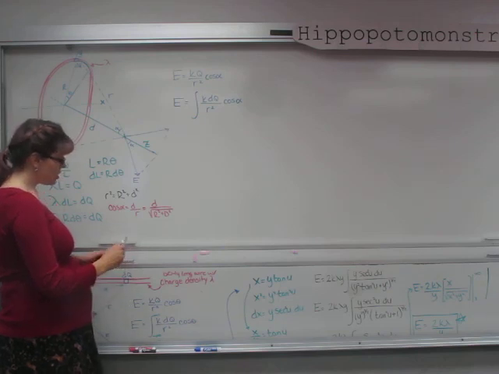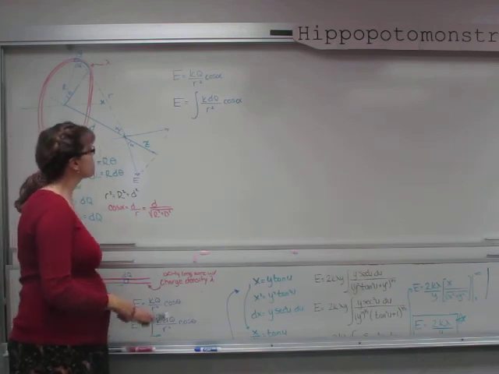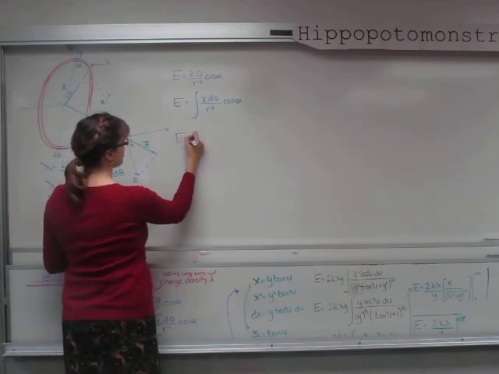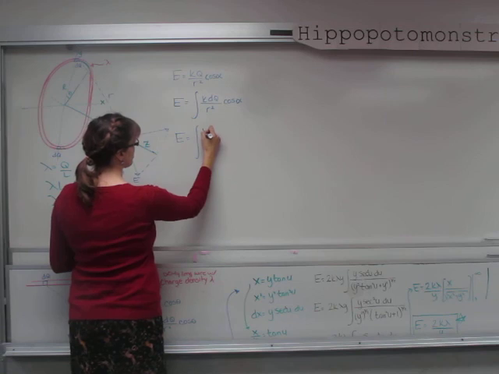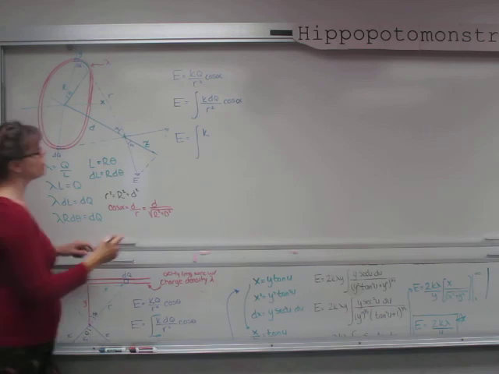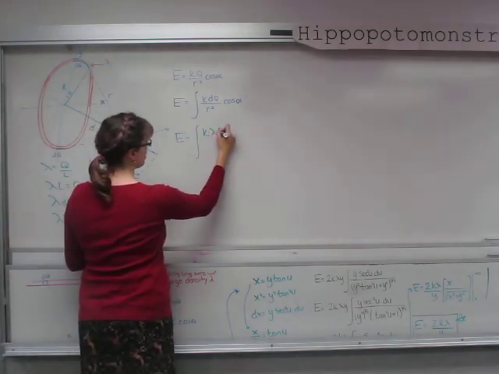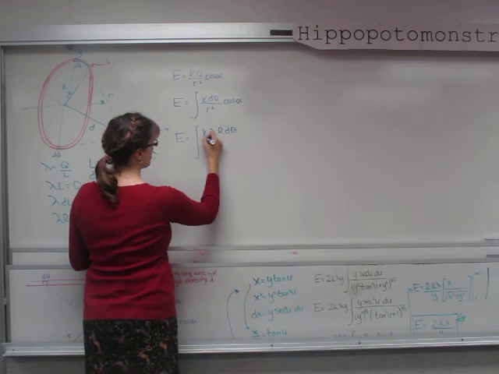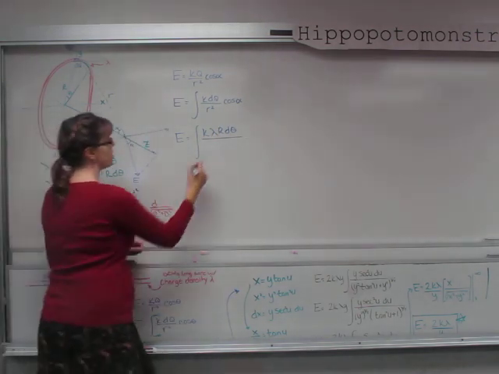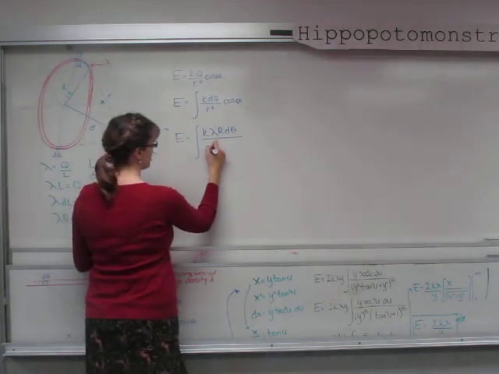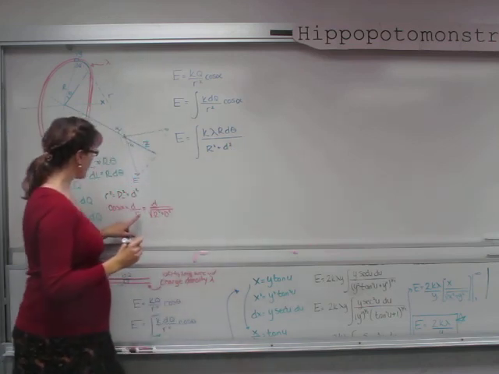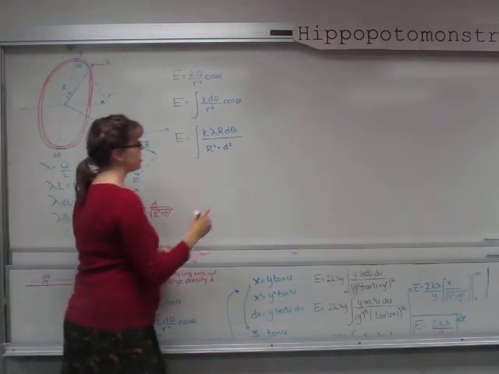Okay, putting it all together now. We'll go back to blue. Electric field is equal to integral k dq, which is lambda r d theta, over little r squared, which is R squared plus d squared, and cosine alpha is d divided by the square root of R squared plus d squared.